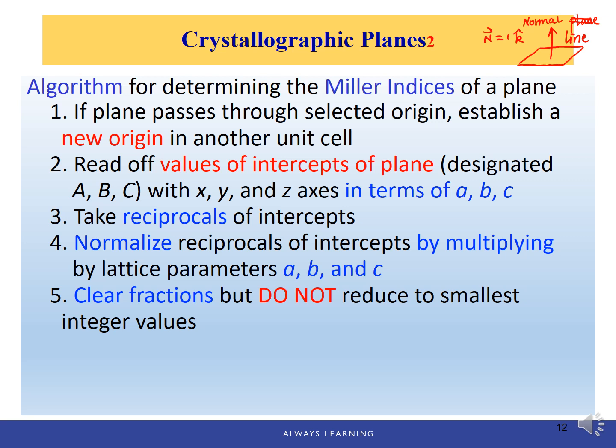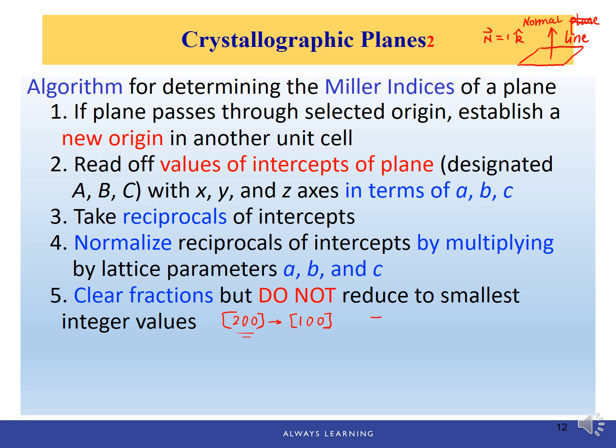For directions, we need to reduce to smallest integer values. For example, if we have 2, 0, 0, we need to reduce it to 1, 0, 0. So it's the same line, but 2, 0, 0 is a line extend outside of a single unit cell. 1, 0, 0 is the part of the same line within the unit cell.